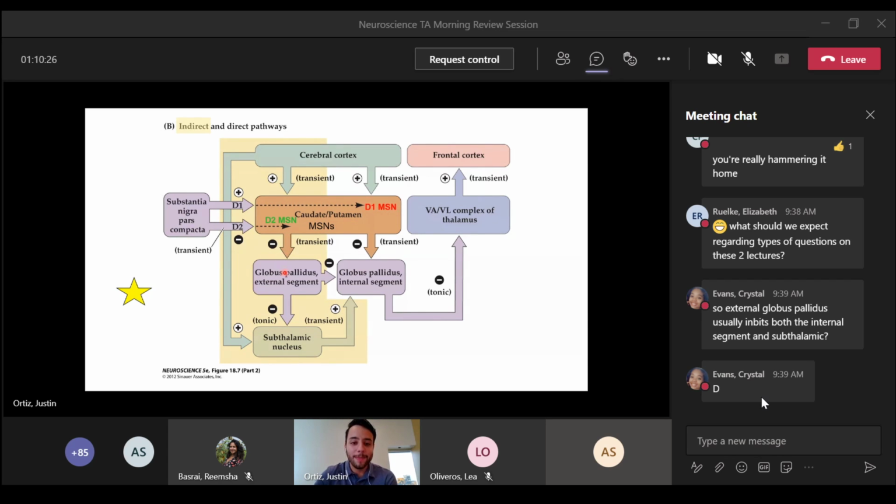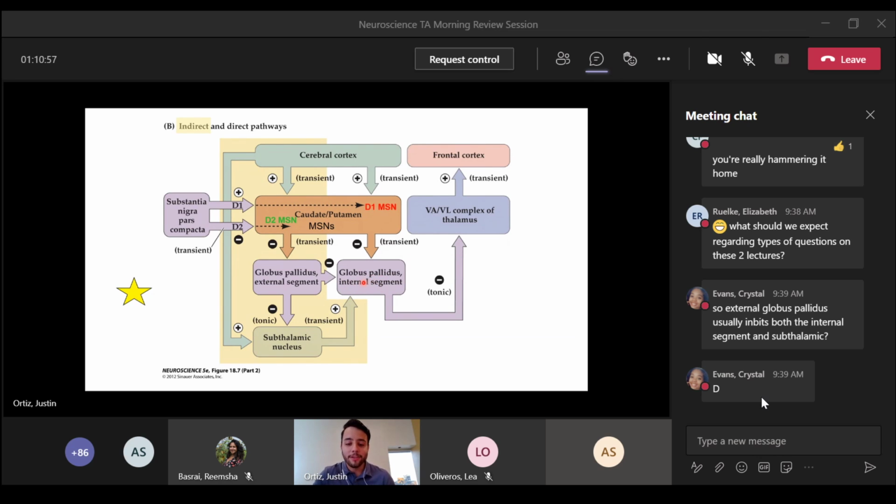It's going to inhibit the globus pallidus externus, because remember, the striatum is going to be inhibitory. If you inhibit the globus pallidus externus, it will not be able to inhibit the globus pallidus internus, and will not be able to inhibit the subthalamic nuclei. Thus, the subthalamic nuclei is activated. That activates the globus pallidus internus.